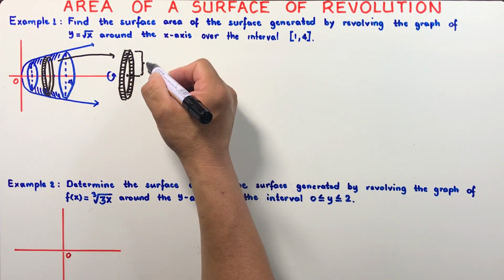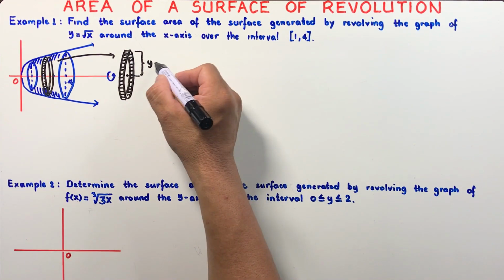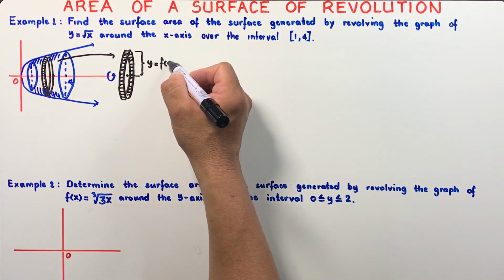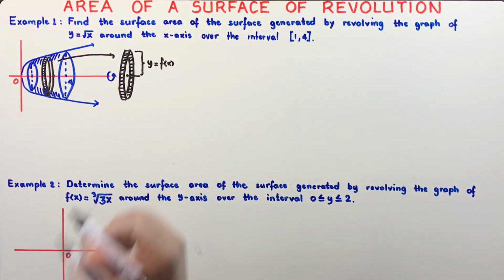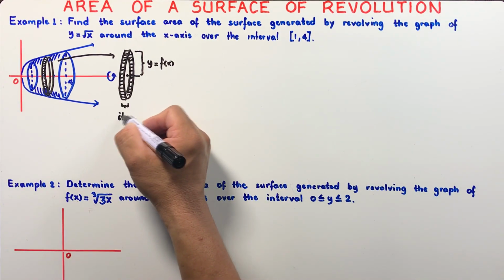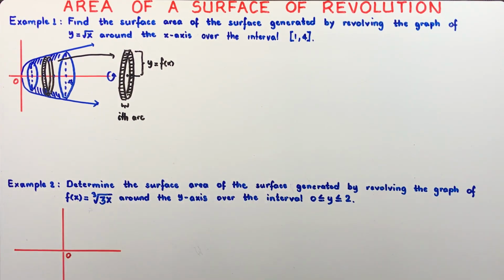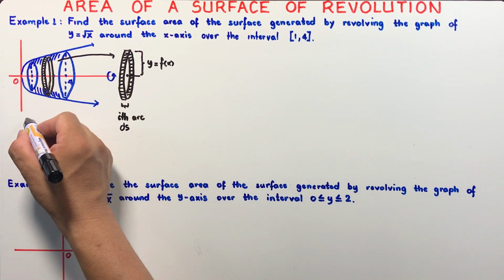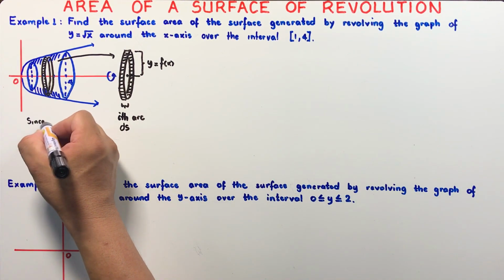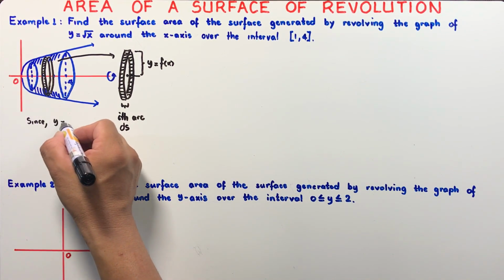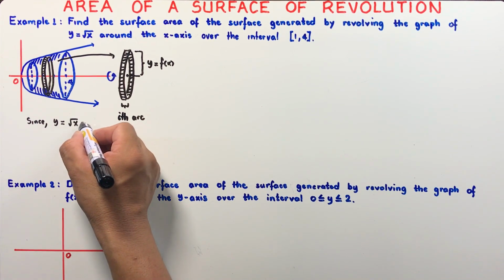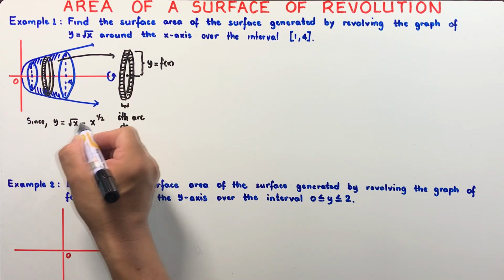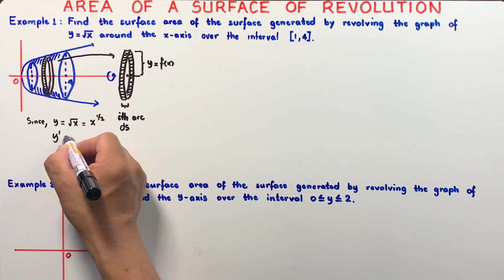And the radius of this ring is the y of the equation. So y is a function of x. And we know that this is our ith arc, so this is our ds here. Since the equation of the curve is y equals the square root of x, which can be written in exponential form as x to the power of 1/2, we can find its derivative.